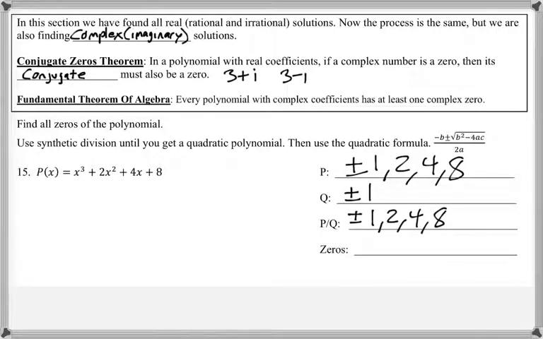Okay, so I need to make a guess, and I'm going to make a good guess by using the calculator. If you graph this function on the calculator, and I just graphed it on the standard window, then it looks like this.